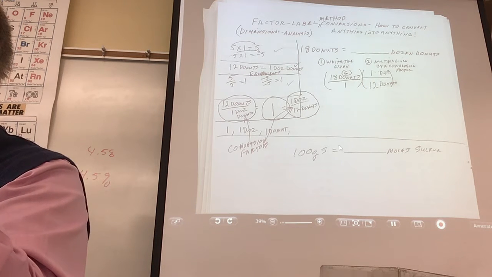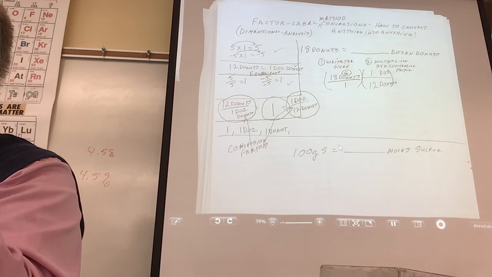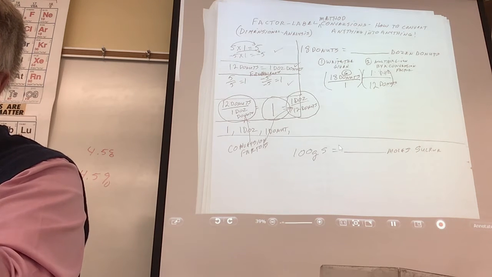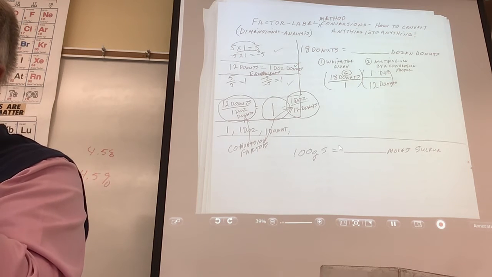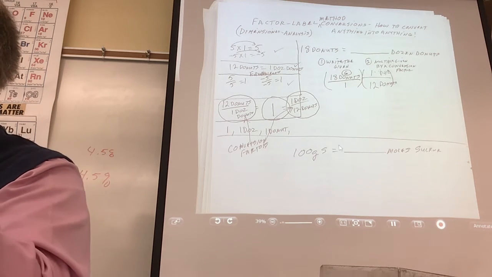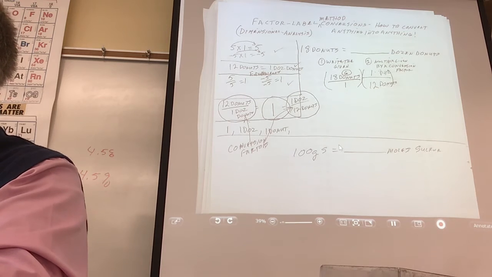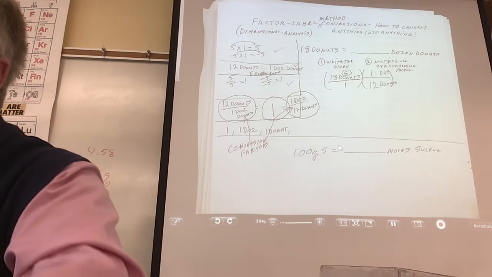That means you can show me the factor label work and miss the problem, and I'll give you 8 out of 10. That's how serious I am on the method. I'm not that interested in the answer. You are going to get the right answer, but it's the method that's going to help you. And trust me, the problems get way more complicated than these. So let's try it.